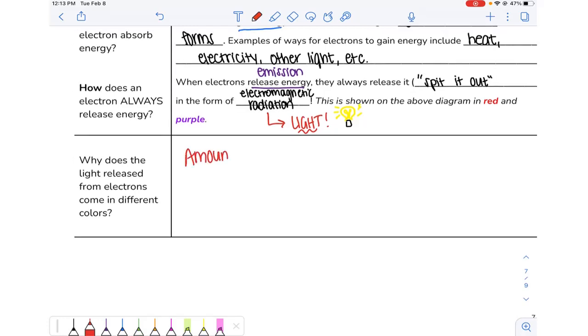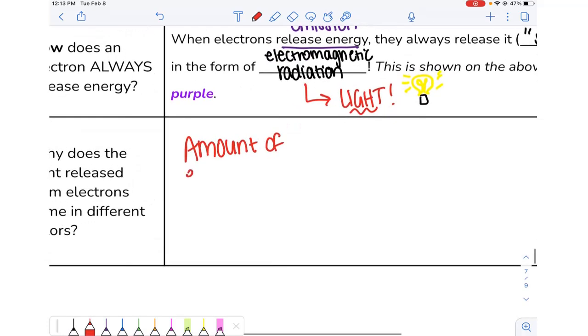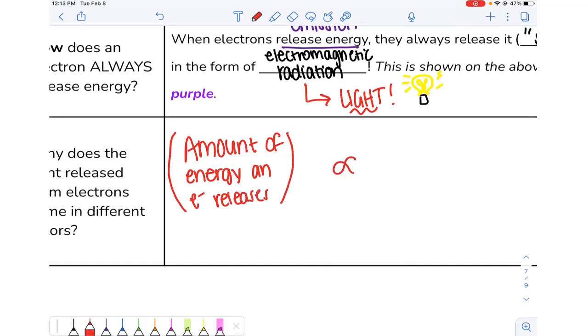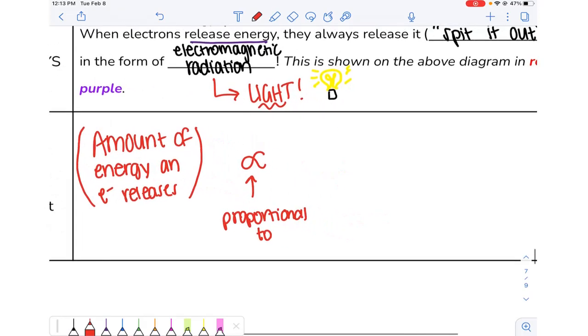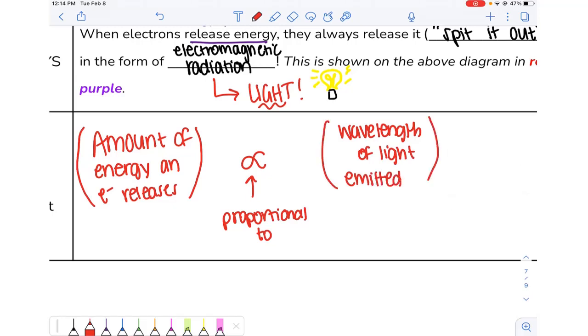So we're going to say that the amount of energy an electron releases is proportional to the wavelength of light emitted. And our wavelength represents our color fingerprint.